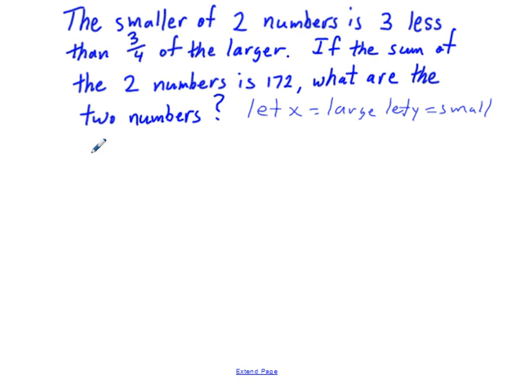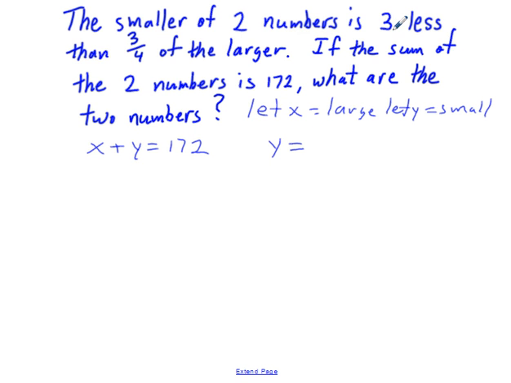And so having set these up, we can say x plus y, the large number plus the small number, is equal to 172. And also the smaller of two numbers, well, we also said the small number is y. Y, the smaller of two numbers, is 3 less.